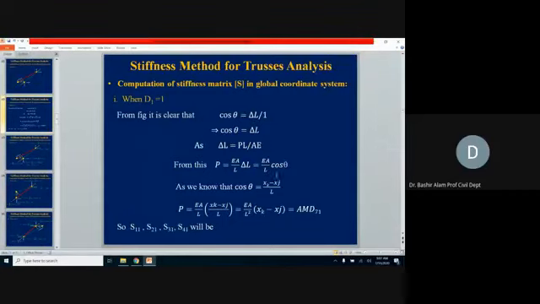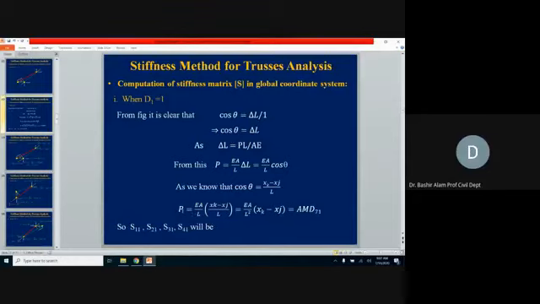Our cos theta we already know in terms of the coordinates: it is equal to xk minus xj divided by L. So now we can write P, the force produced in the member, equal to EA over L times xk minus xj divided by L. L times L becomes L square.